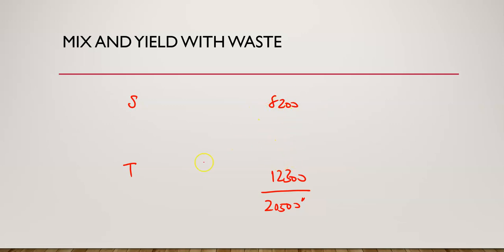Now I need to focus on efficiency. The budgeted plan was to sell 20,000. So to sell 20,000, you would have sold 8,000 here and 12,000 here. The key point is that you sold 200 more of S and 300 more of T. This is what actually happened, and this was the budget.